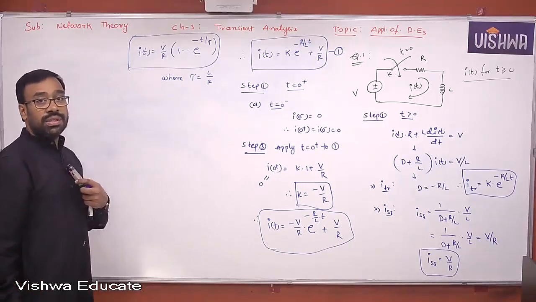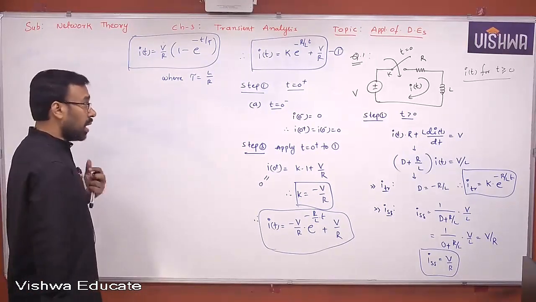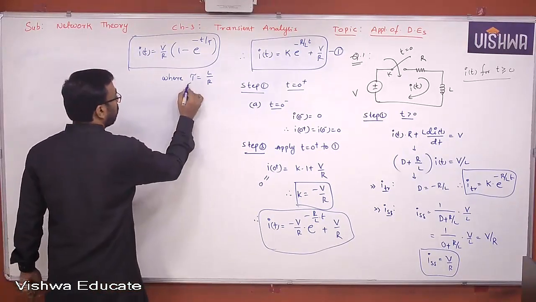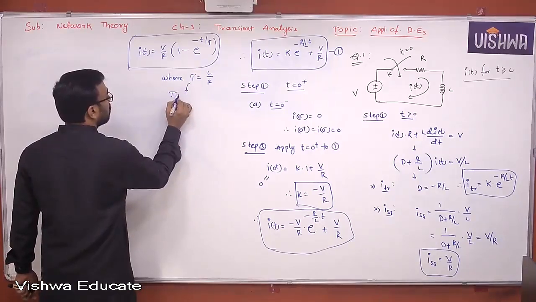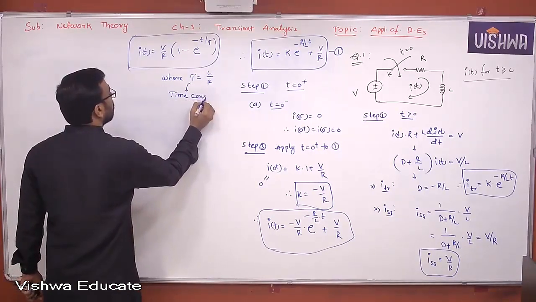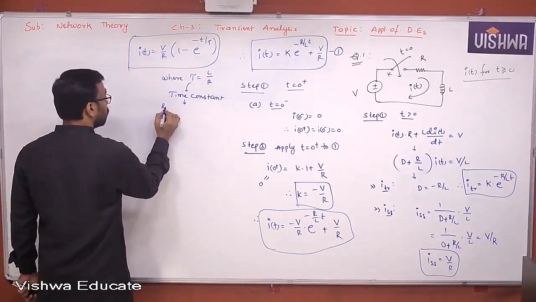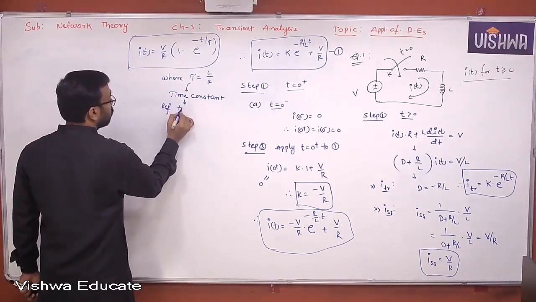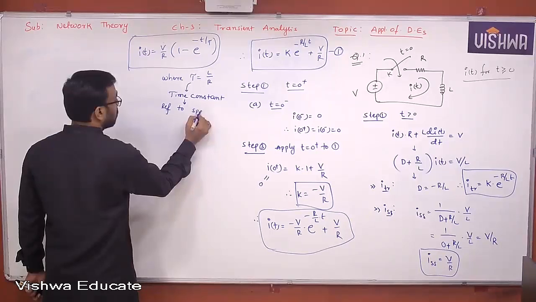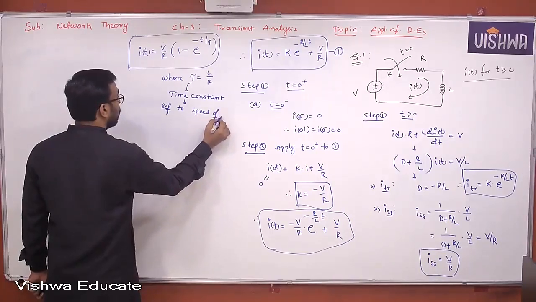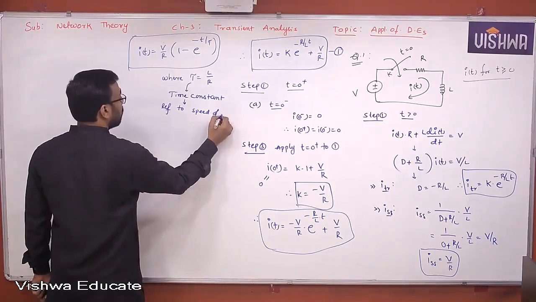Tau is called time constant, which always refers to the speed of the response.